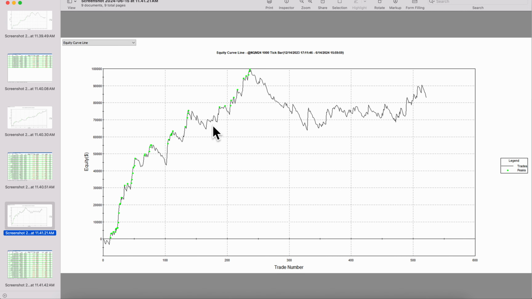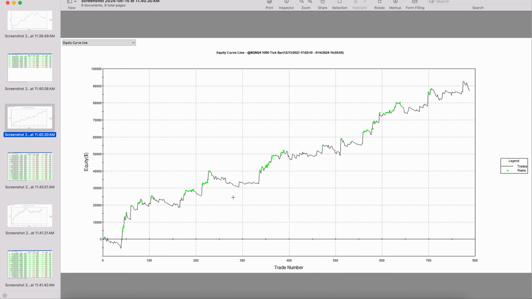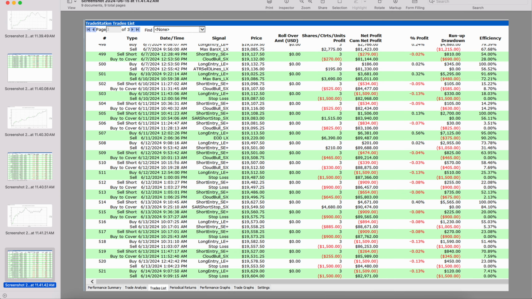It's just I don't like it nearly as much as an upward sloping, persistent equity curve. It's harder to trade with all those pullbacks, which is why I try to eliminate pullbacks. All right, so that's the exciting news.